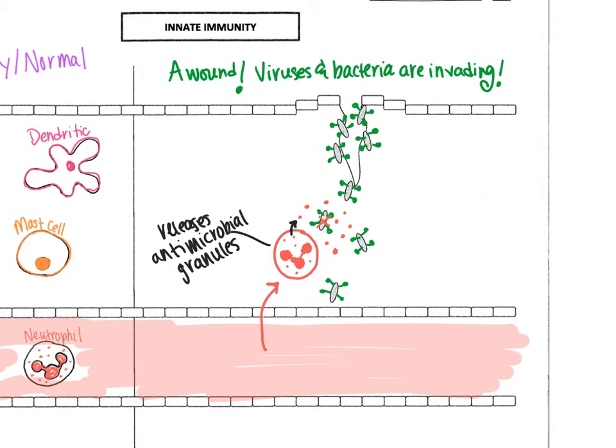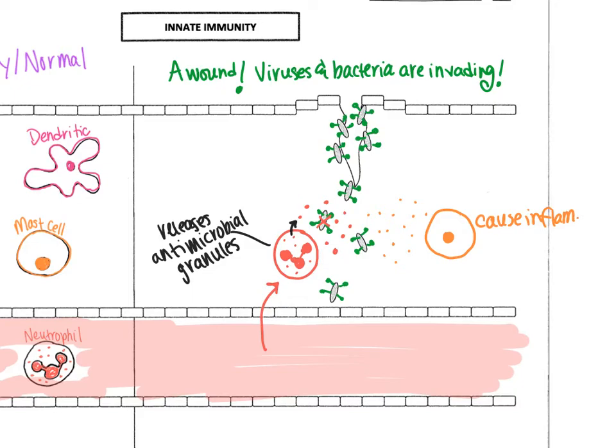Now we also have mast cells. So I'm going to get my orange. My mast cells are going to be in this tissue already. My mast cell was kind of just a generic circular blob with a nucleus in the middle. And they are also going to release some things. They're going to be releasing antihistamines. So they cause inflammation.